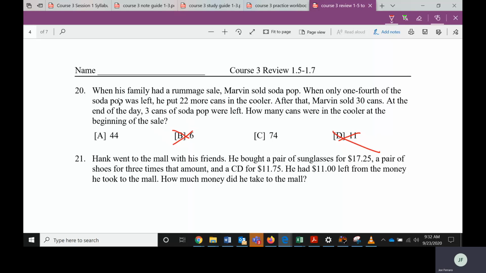If we started with 44, okay, when only 1/4 of the soda pop was left, so 1/4, if you broke 44 into 4 spots, that means 11 cans were left. Then he put 22 more cans in there.